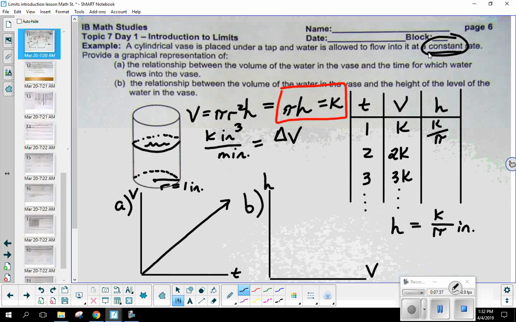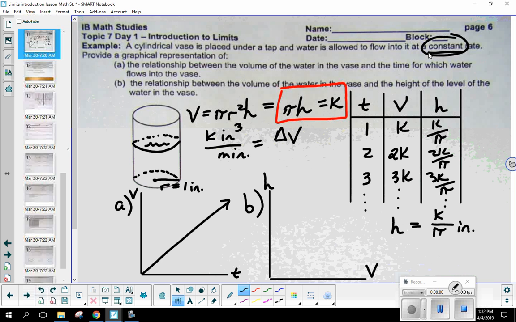Would it be similar or different than what's happening with the volume? It would be similar. So what would you expect me to put here for the height at 2 minutes? 2k over pi inches. There you go. Then at 3 minutes, 3k over pi inches. And then that pattern would just continue.